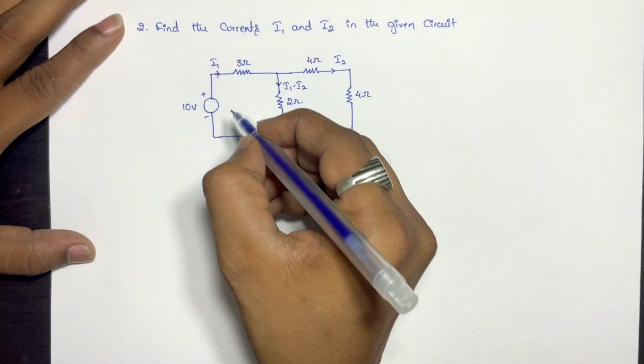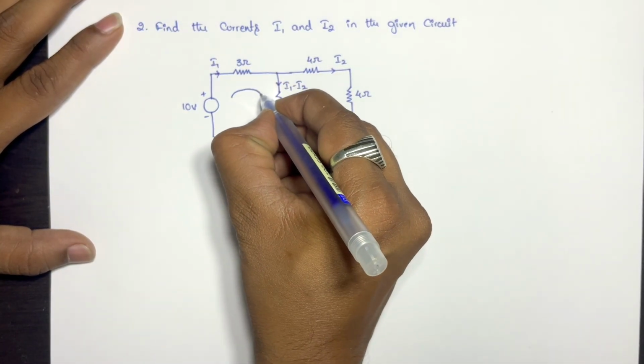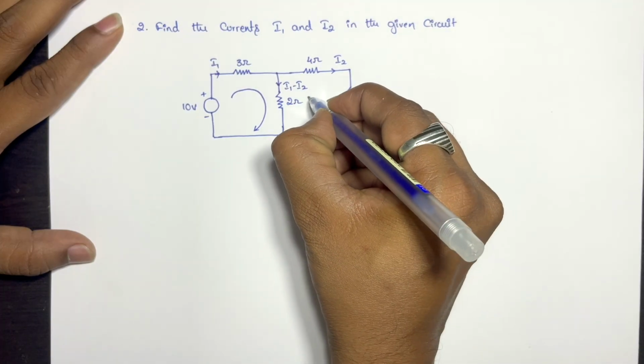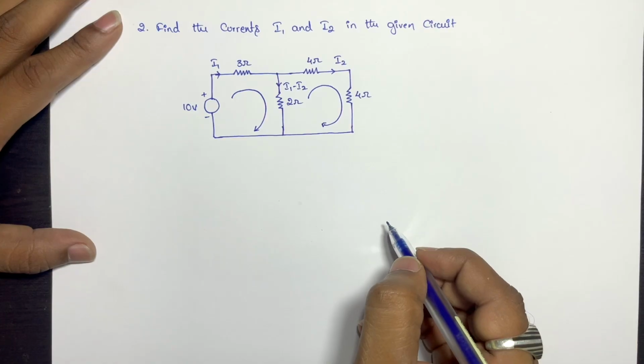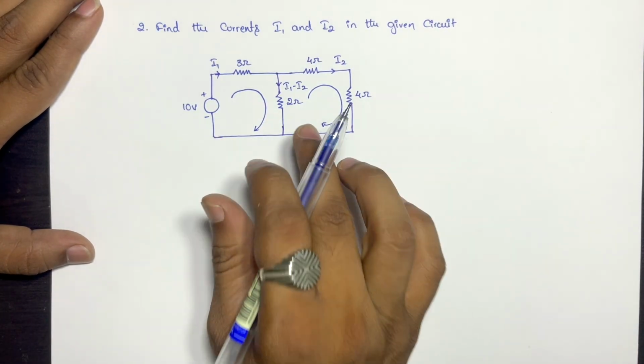Okay, let us take the loops here, loop 1 and loop 2, and apply KVL for these two.